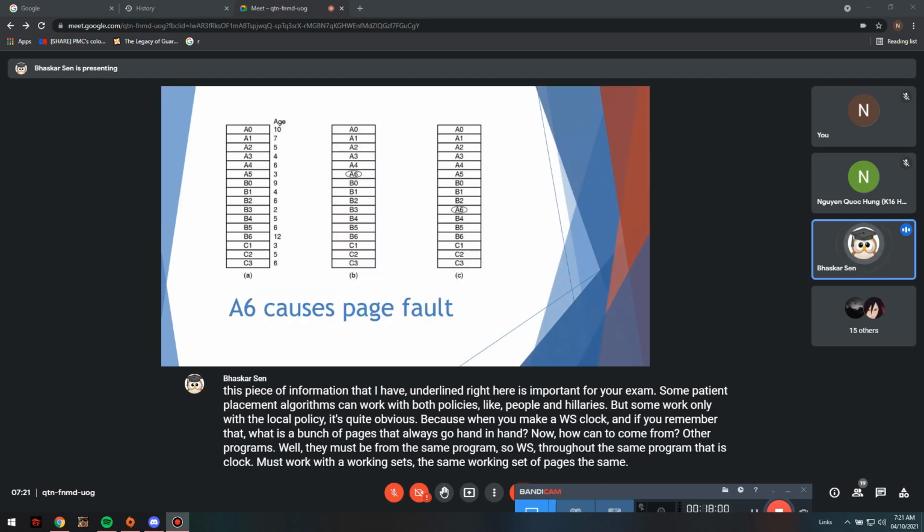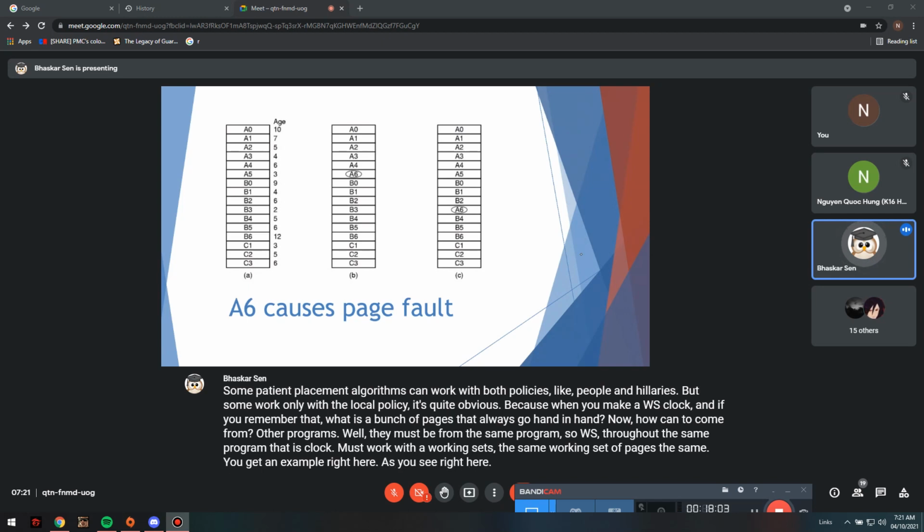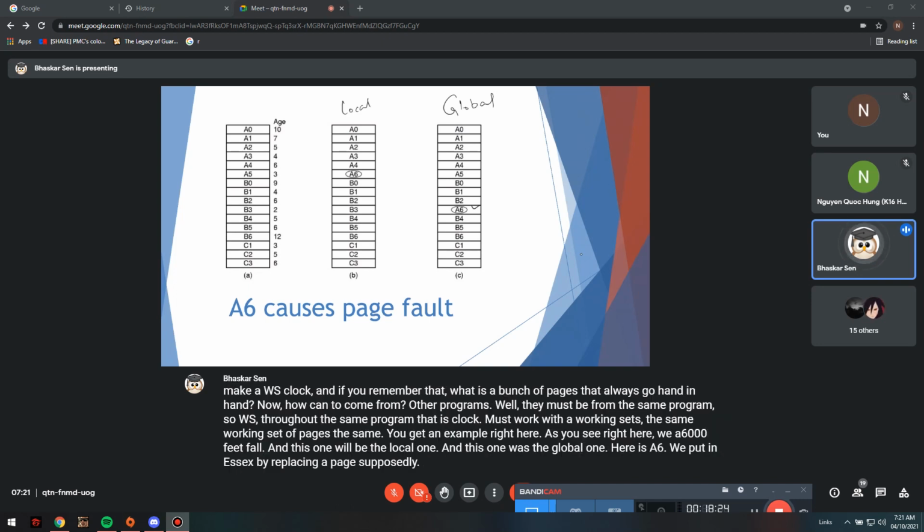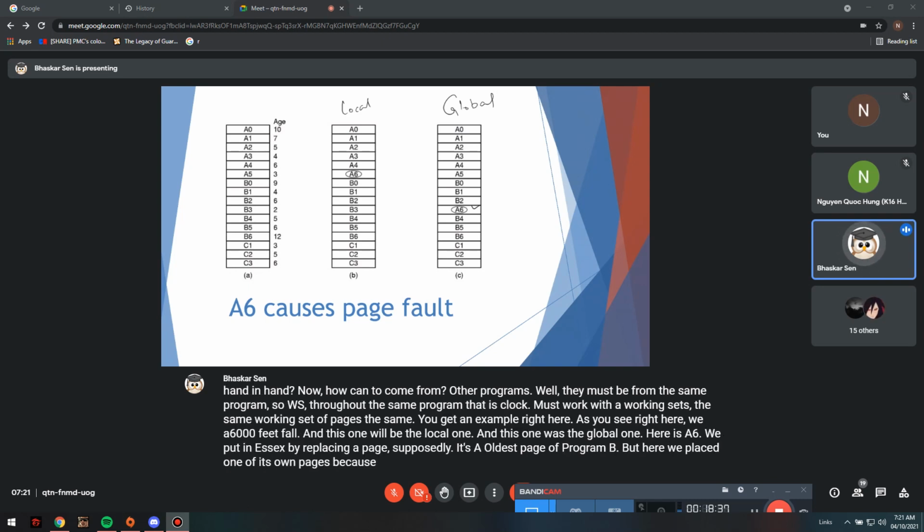You get an example right here. As you can see right here, A6 causes page fault, and this one will be the local one, and this one will be the global one. Here is A6. We put in A6 by replacing a page. Supposedly, it's the oldest page of program B. But here we replaced one of its own pages because the program A was creating the fault.